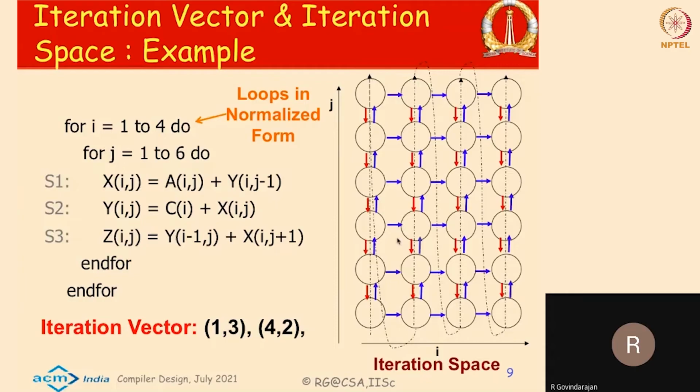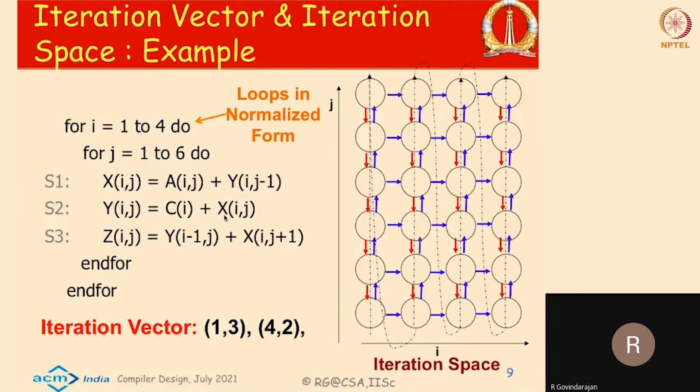So at this point in time, what you need to take away is that each one of these points is a point in the iteration space, and these blue arrows and red arrows talk about dependencies between these iteration points, which are caused because of the array element accesses in between them.